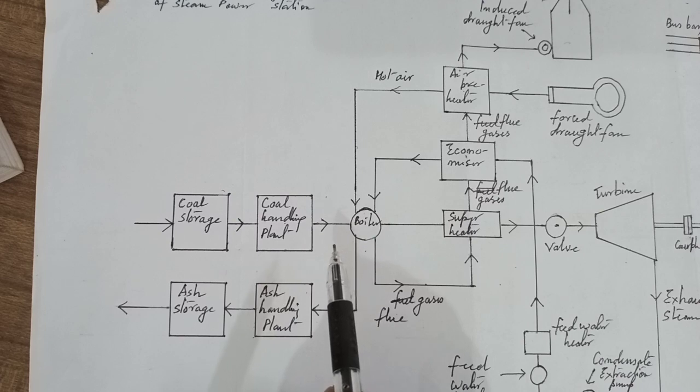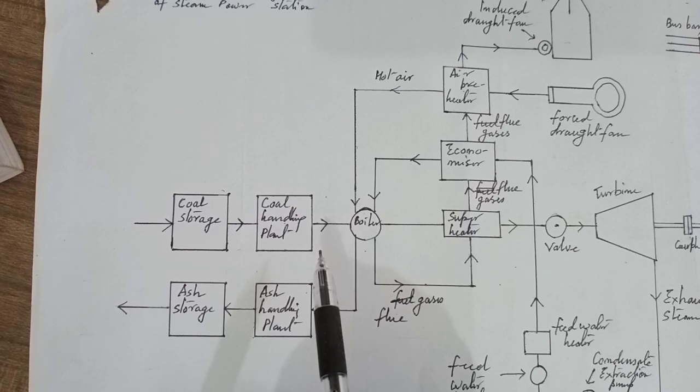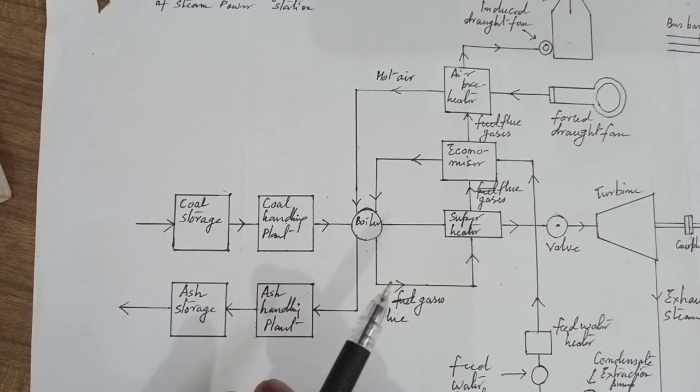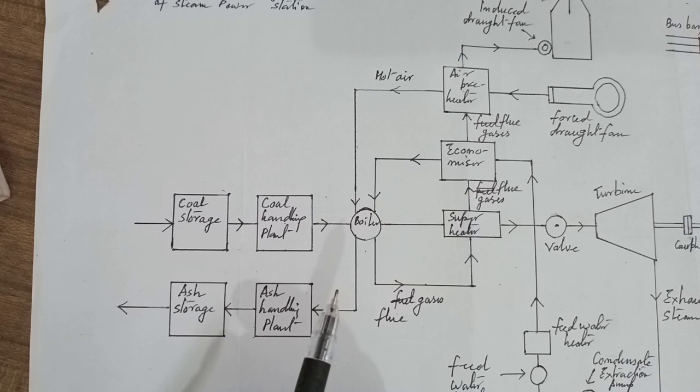The air preheater extracts heat from the flue gases and increases the temperature of air used for coal combustion. The principal benefits of preheating the air are increased thermal efficiency and increased steam capacity per square meter of boiler surface.